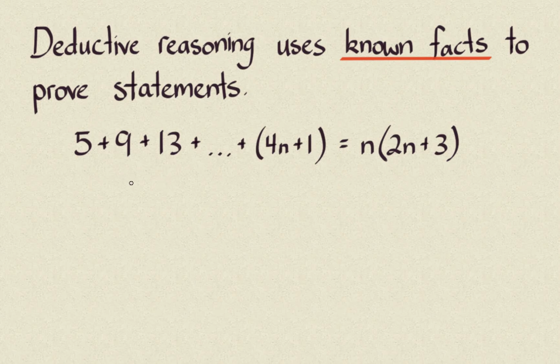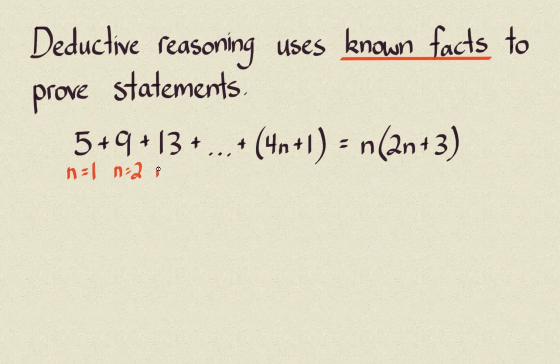So let's just double check that this works when we look at the first term, where n equals 1. When n equals 1, we would have 4 lots of 1, which is 4, plus 1, which is 5. So that's good. What about when n equals 2, our second term? When n equals 2, we have 4 lots of 2 is 8, plus 1 is 9.